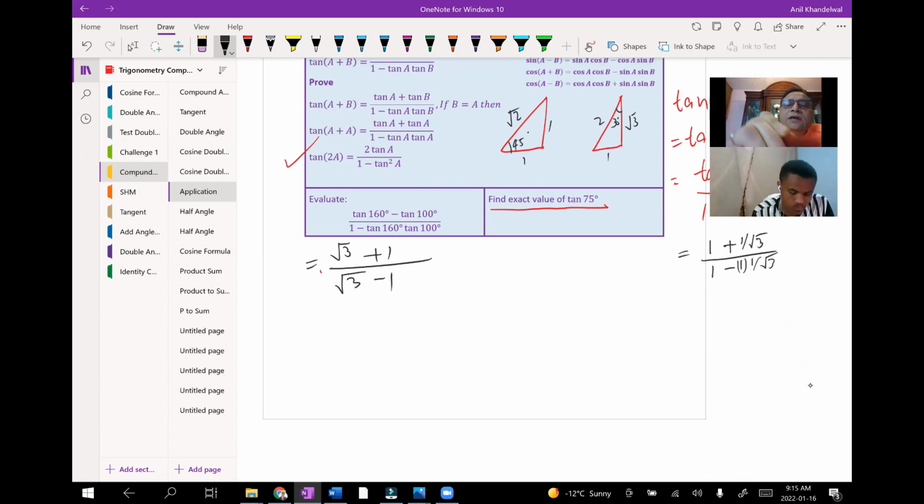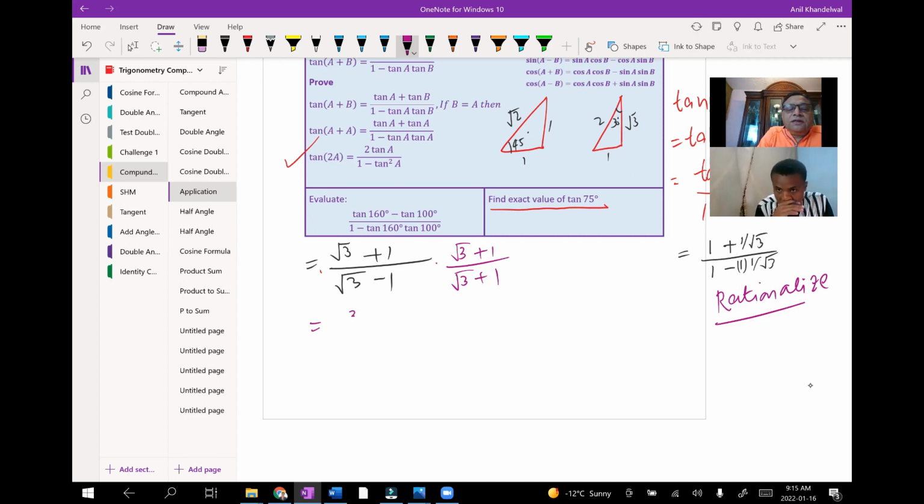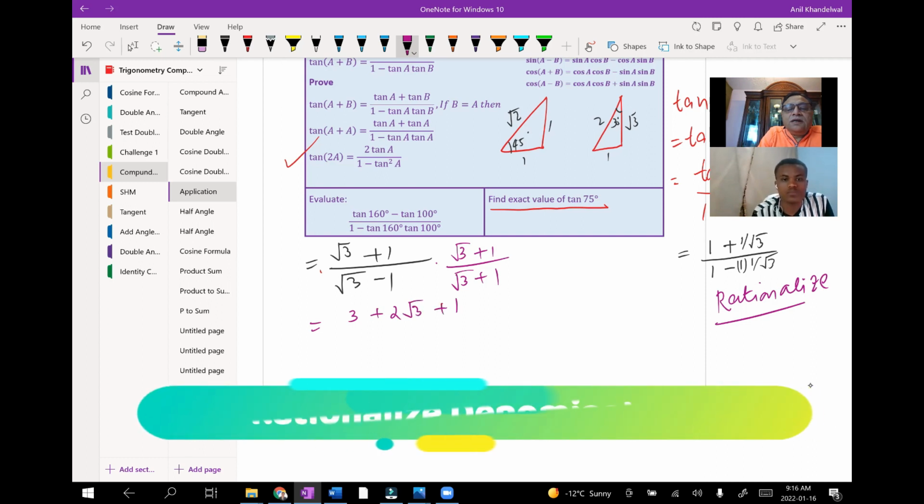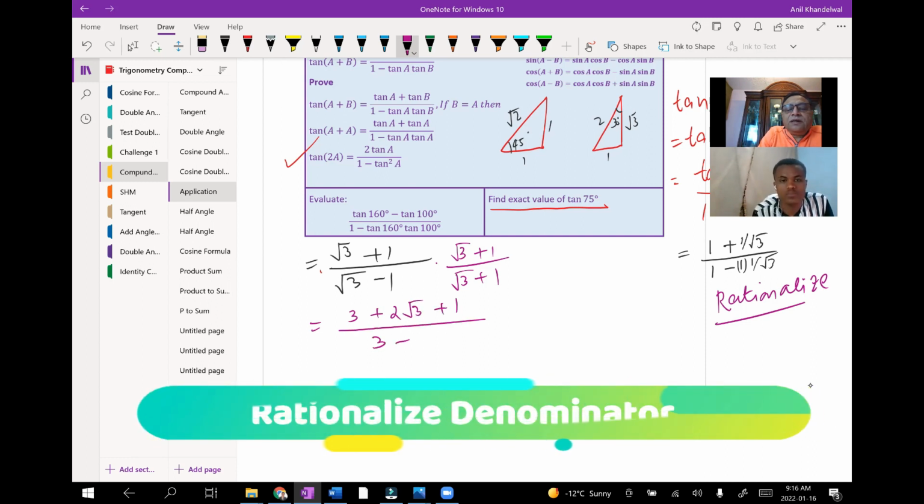Now, it is very important to rationalize. Remember that we normally want to rationalize our answer, correct? So I'll extend this and rationalize it, multiplying by the conjugate of the denominator, which is square root 3 plus 1, correct? When you do the numerator, you get a plus b whole square, and this can be written as 3 plus 2 times square root 3 plus 1, and the denominator gives you 3 minus 1.